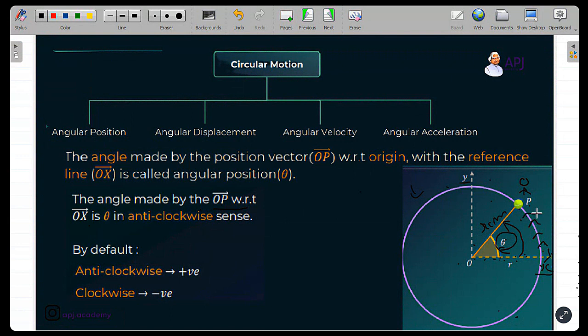Okay, and while doing this he covered an angle theta. How? You take an anti-clockwise sense of rotation. Okay, this is anti-clockwise. You can see the arrow line which I have drawn.